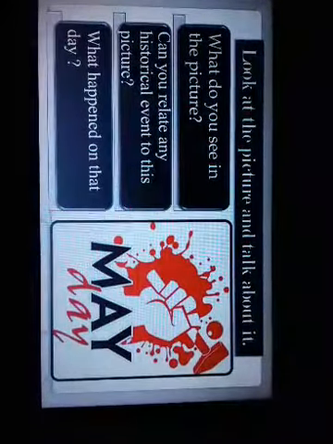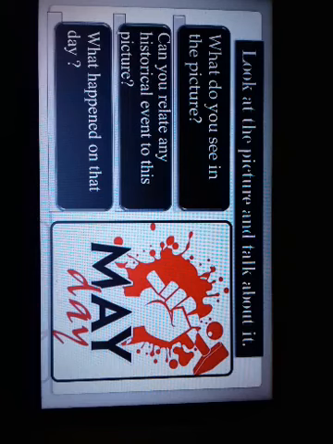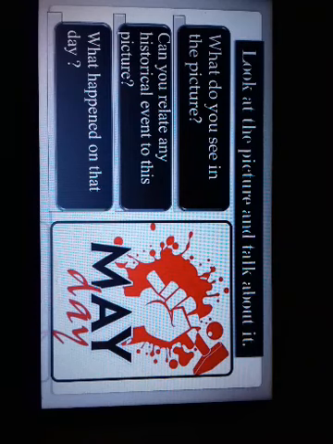What's the name of this tool? Perhaps you know this is a hammer. It is a heavy metal tool with a handle and head. The students, we also see here a background of blood, and Mayday is also written below the hand.